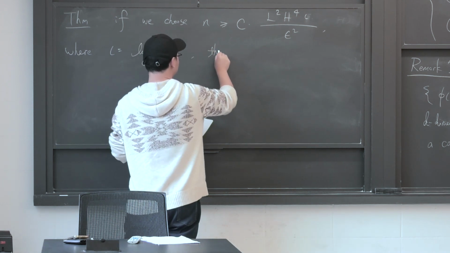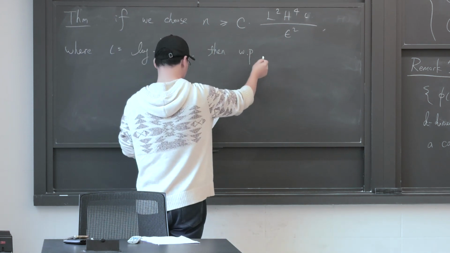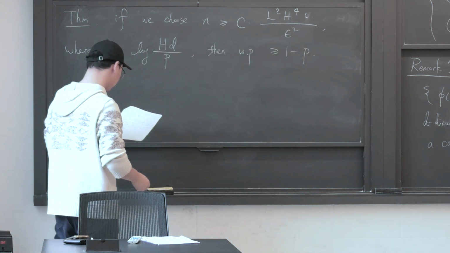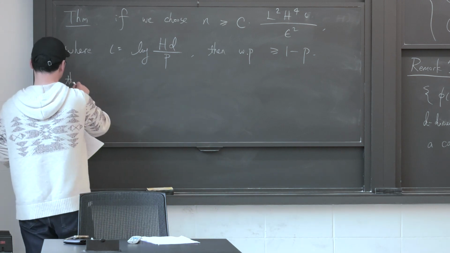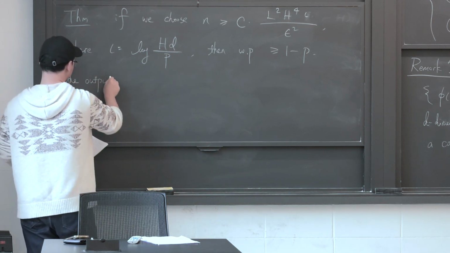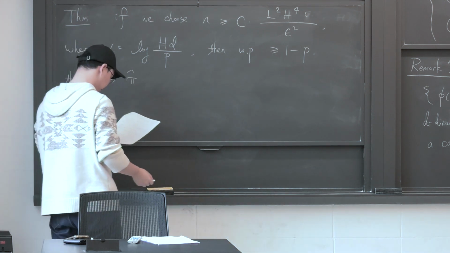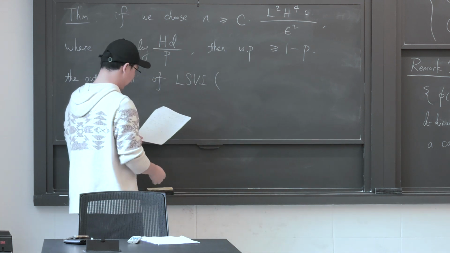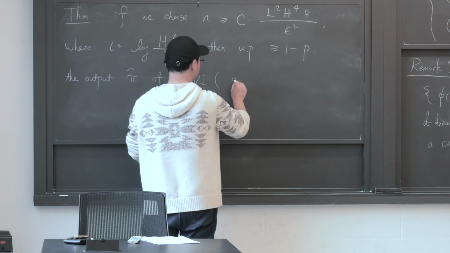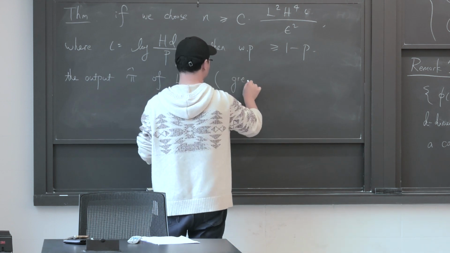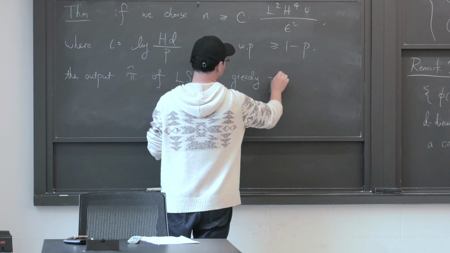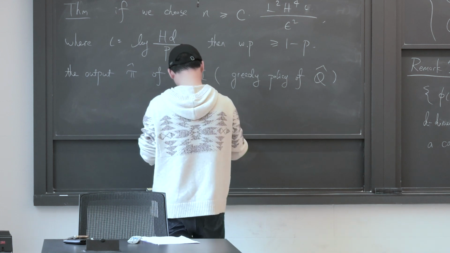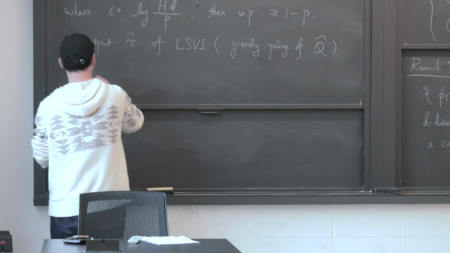Then, with probability greater than or equal to 1 minus p, the output pi hat of LSVI, which we haven't defined the algorithm, but basically you can imagine this is the greedy policy of Q hat, is epsilon optimal.